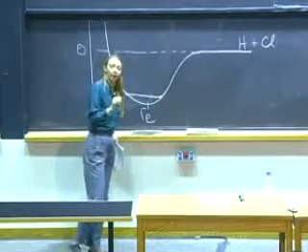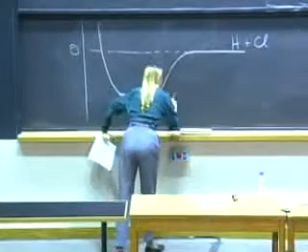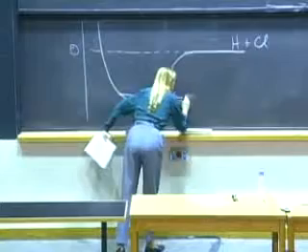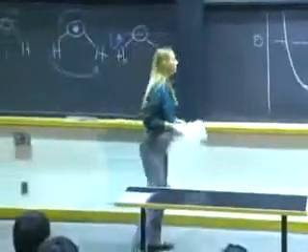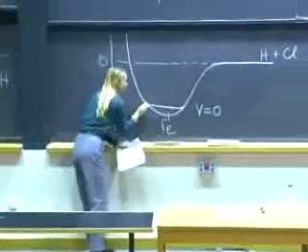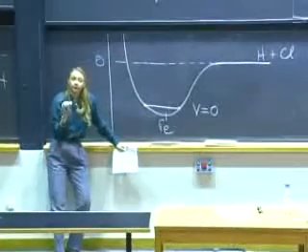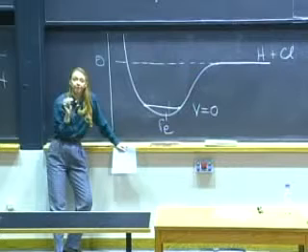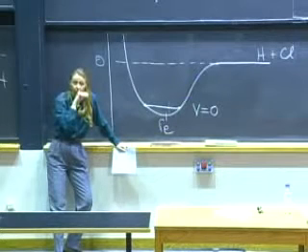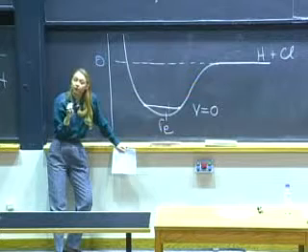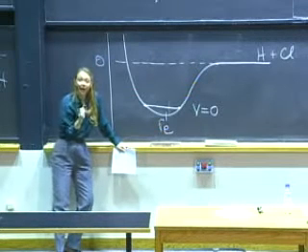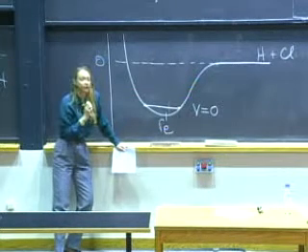For the ground vibrational state, the vibrational quantum number is V equals 0. What this line represents is the ground vibrational energy. It also represents the extent to which the molecule's bond stretches and compresses.